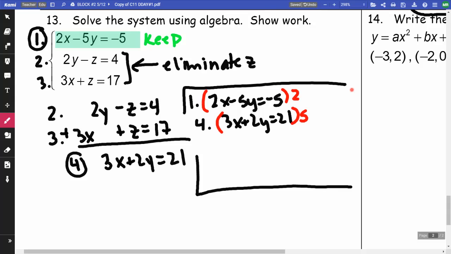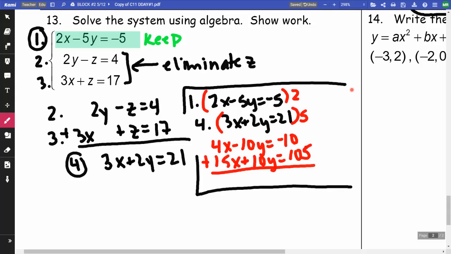So I get 4x minus 10y equals -10, and 15x plus 10y equals 105. I'm going to add these two equations together. I get 19x is equal to, my y's cancel out, -95.